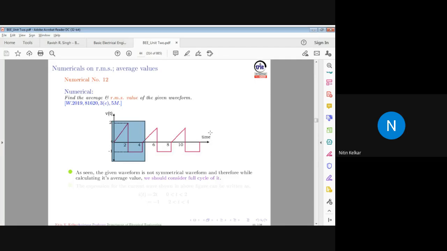It is square root of 1 upon 4, because the time period required to complete one cycle is 4, times integration from 0 to 2 of t squared dt, plus integration from 2 to 4 of (-1) squared. So (-1) squared will be equal to 1, so it will be integration from 2 to 4 of dt. Am I right in what I said?